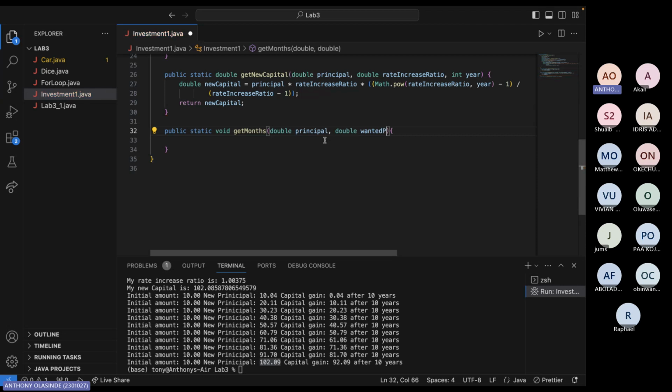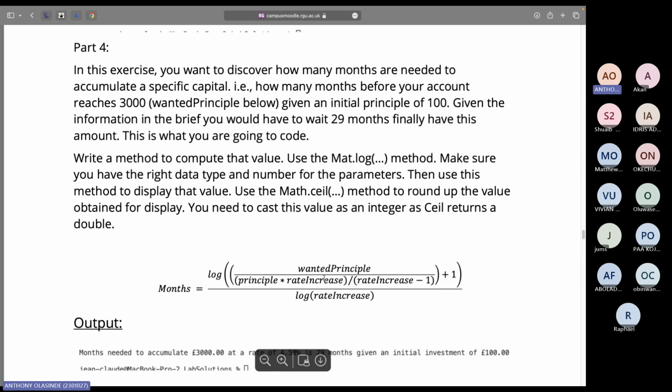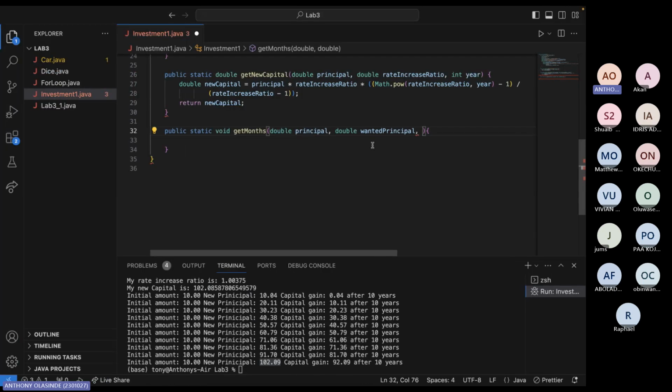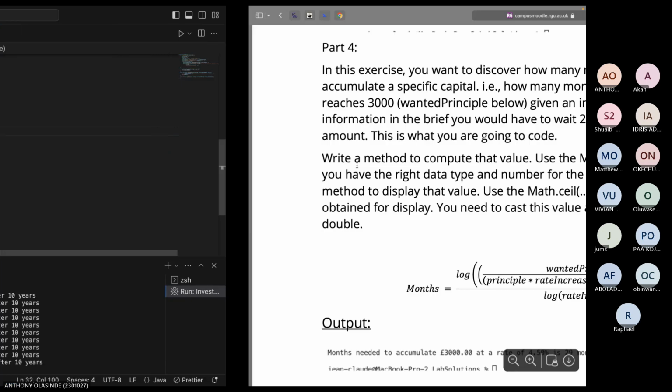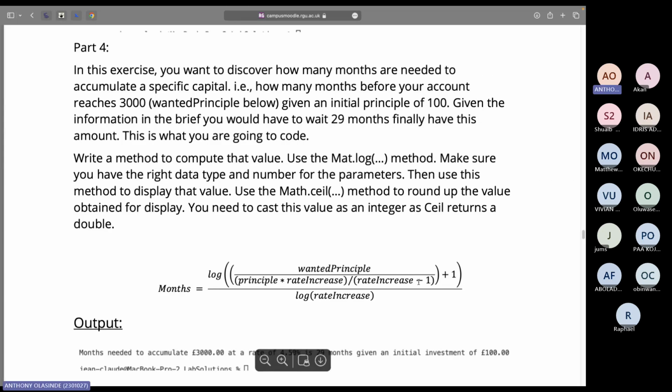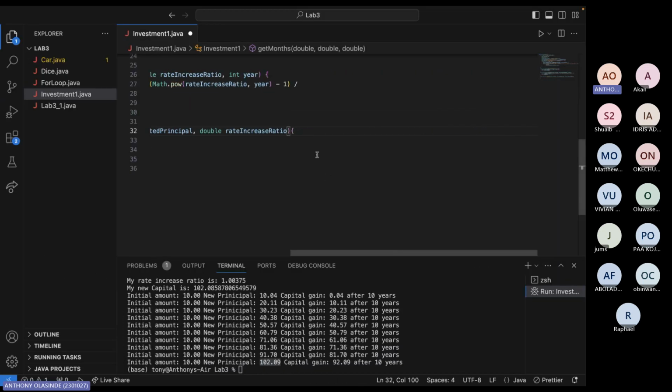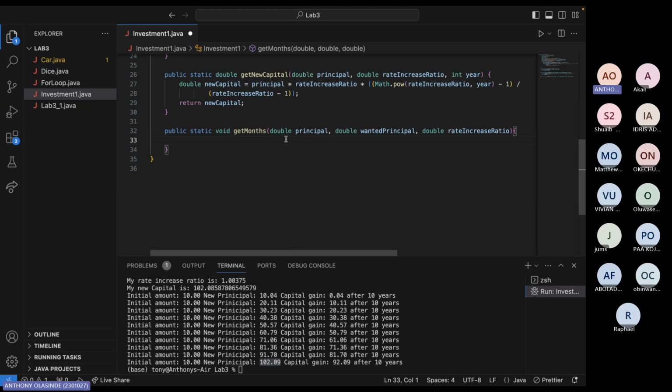And we need rate increase, that will be rate increase ratio, so let's also say double rate increase ratio. I guess that's it. And let's write the formula.